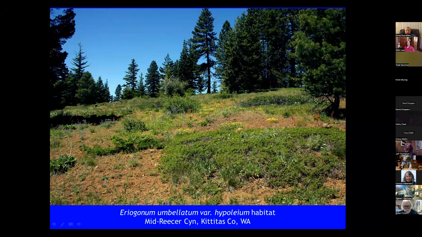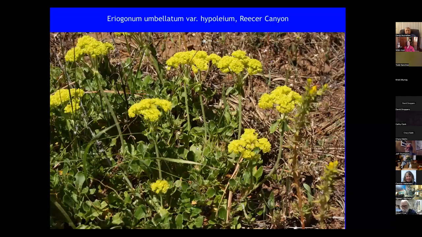This is a variety, hypoleium, and hypoleium is a real interesting variety of buckwheats. Let's take a quick look at it in the next frame. Oh. There it goes. This is hypoleium, a very pretty little buckwheat. It only grows up about 7-8 inches high, has these tidy little spoon-shaped leaves at the bottom, very bright sulfur-colored flowers.